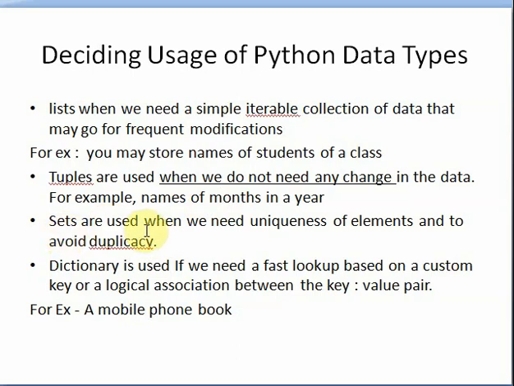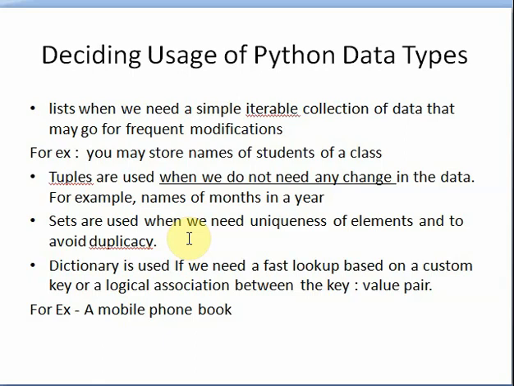Next, sets are used when we need uniqueness of elements and to avoid duplicacy. For example, if you want to store roll numbers of students in a particular class, you can store roll numbers in set.